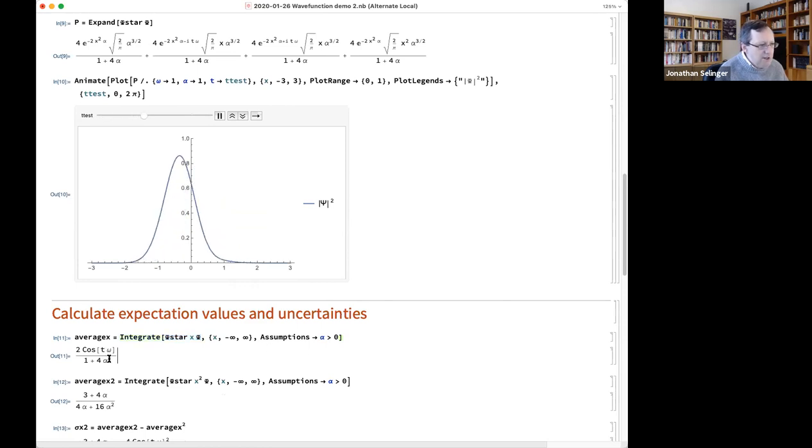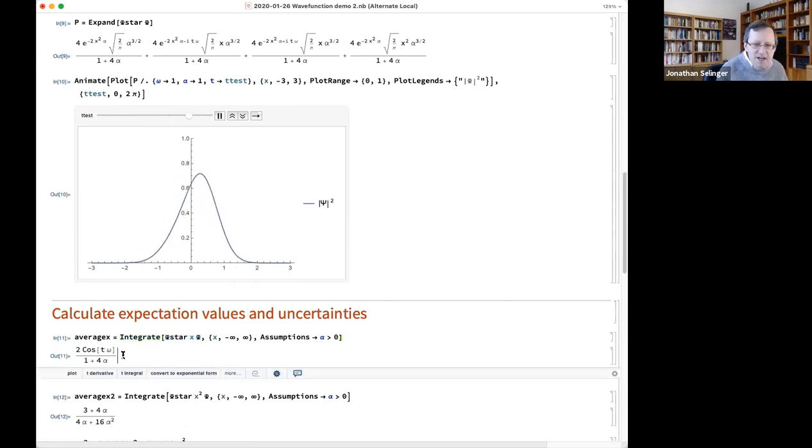And look, it has a time dependence, right? It's something times the cosine of omega t. So it looks like what you remember from a harmonic oscillator, right? In classical mechanics, right? A harmonic oscillator has X that is like the cosine of omega t. All right, so the average X now has this time dependence.